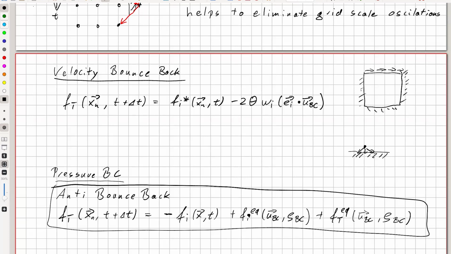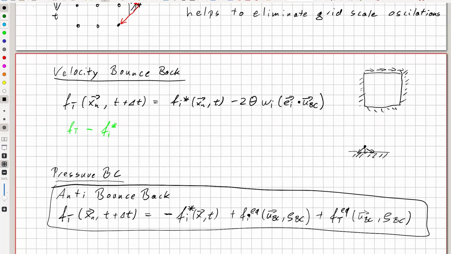So if you rewrite this boundary condition here, you see this is f_{-i} minus f_i, yeah, and here I've forgotten the post-collision thing.